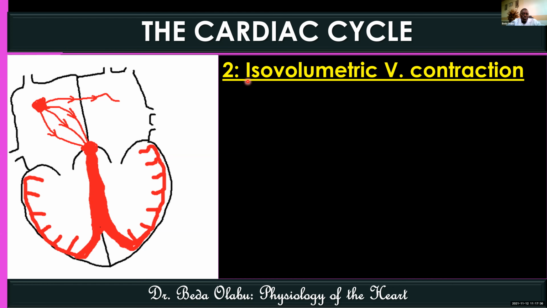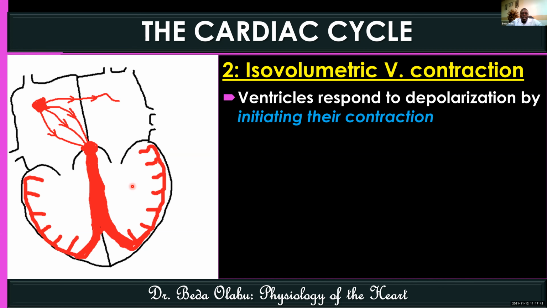So this phase, which we are calling isovolumetric ventricular systole, is that period when the ventricle responds to that depolarization by contraction. I'm going to tell you why isovolumetric, but for now, let's understand that the ventricles begin to contract.